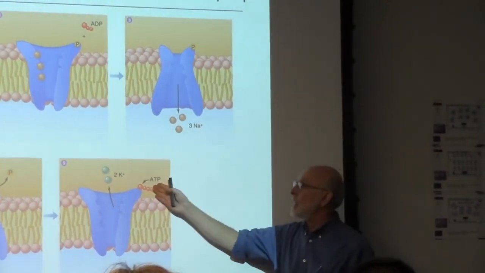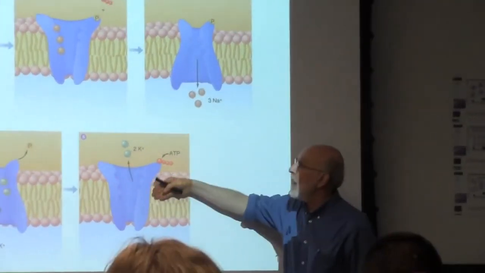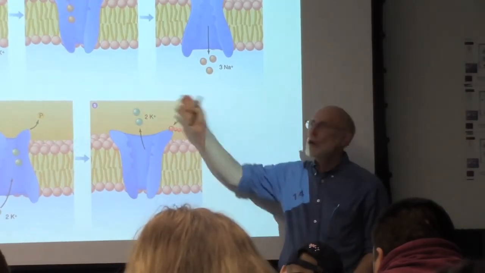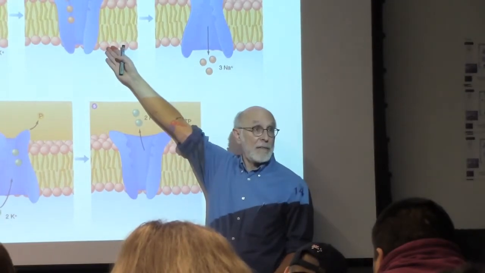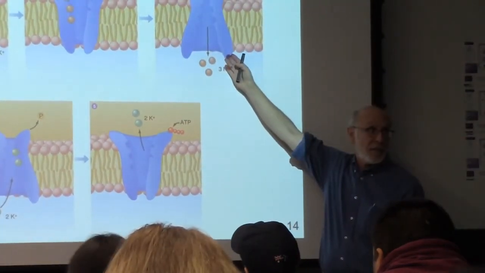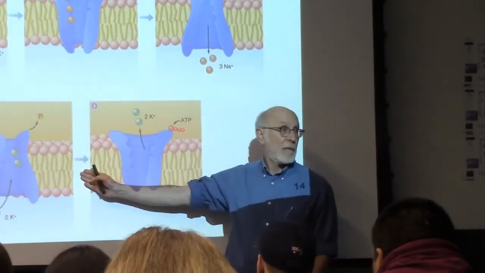In fact, it's the binding of ATP that triggers this conformational change and this unbinding and diffusion. So it is the hydrolysis of ATP that causes this conformational change, and it is the binding of ATP that causes this conformational change.